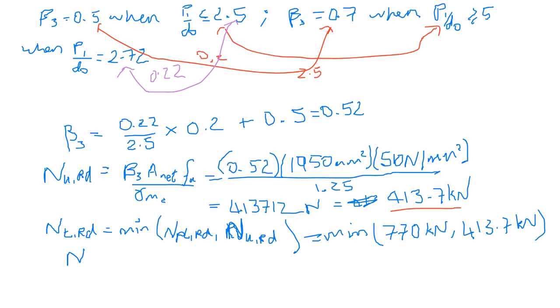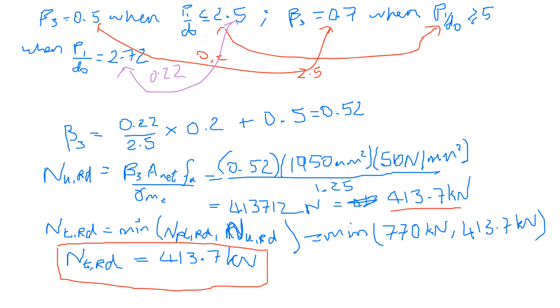So again, in the solutions people made earlier, you didn't put down this last line. You just left people to work it out. It's very important to make it very clear what the answer is at the bottom, no ambiguity. Basically, the design tensile resistance of the section is equal to 413.7, and if you put a nice red box around it, you can't miss it when I'm having a look or when somebody is checking it.